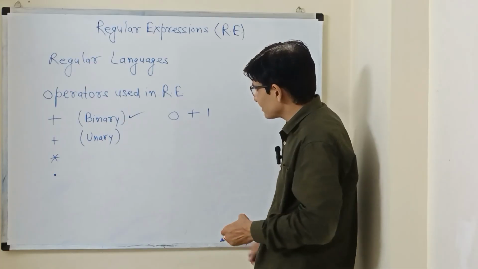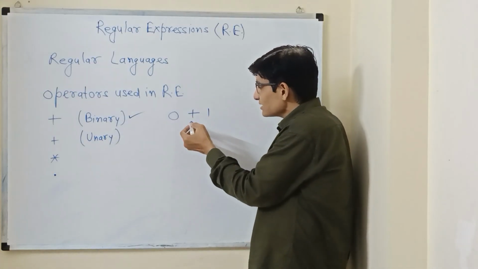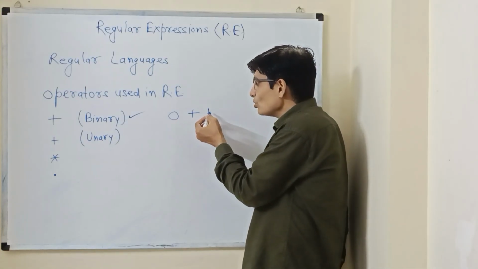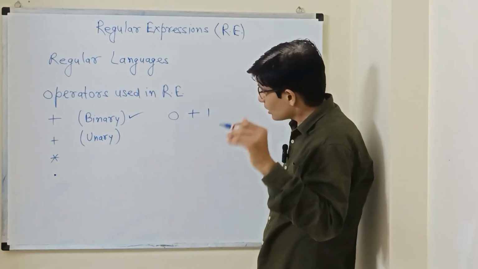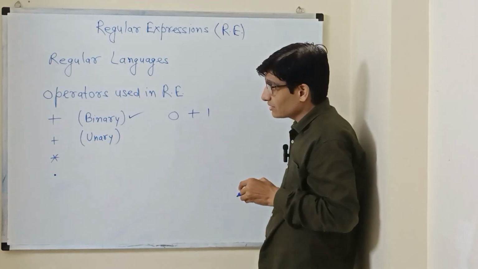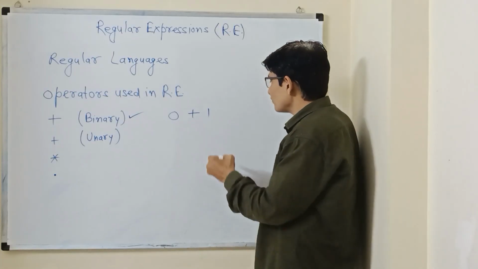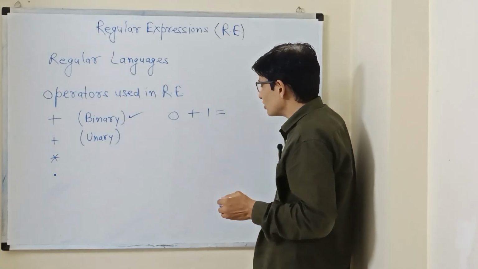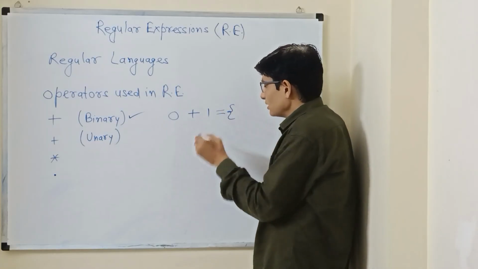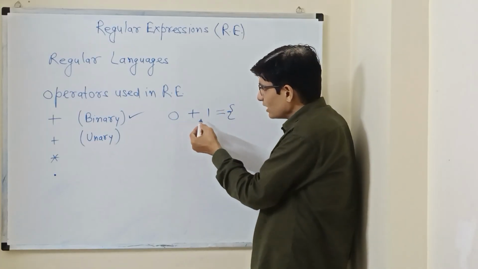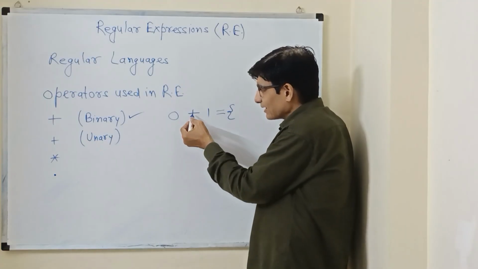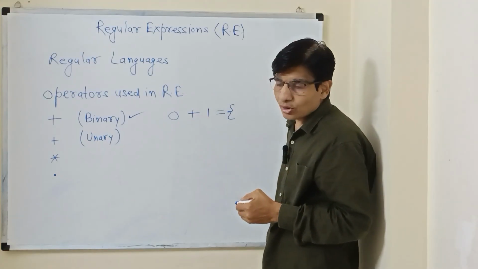So 0+1 means either you can select 0 or you can select 1. Now, if it is a regular expression, it must be representing a set of strings. What is this set? Only two symbols are there, connected with the plus operator.